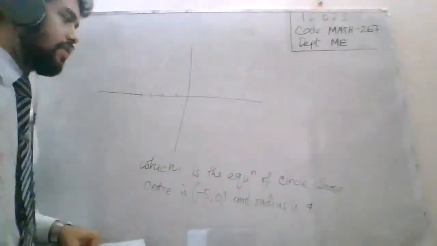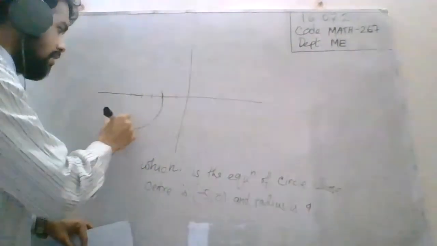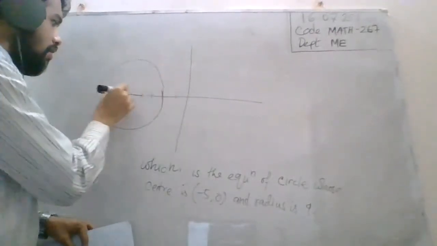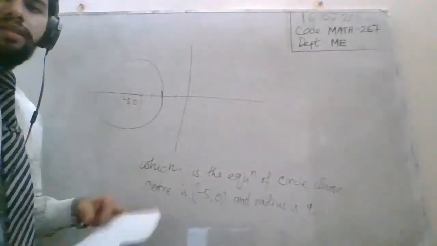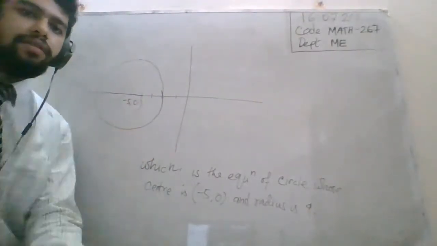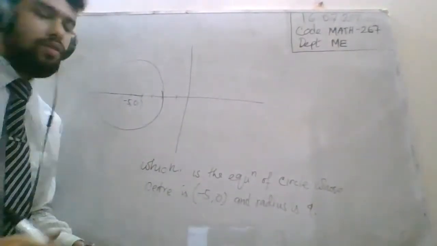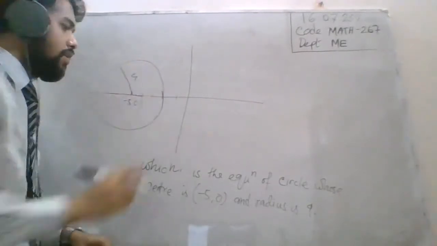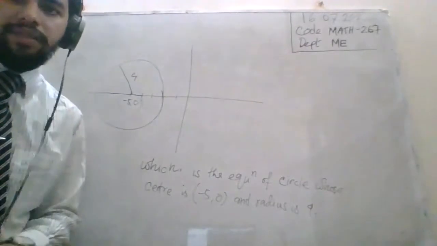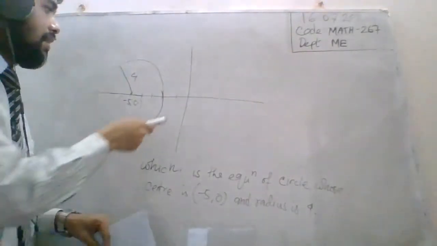So for this we can find our circle where the center is (-5, 0) and the radius is 4. Okay, so this is the graphical representation of this equation.